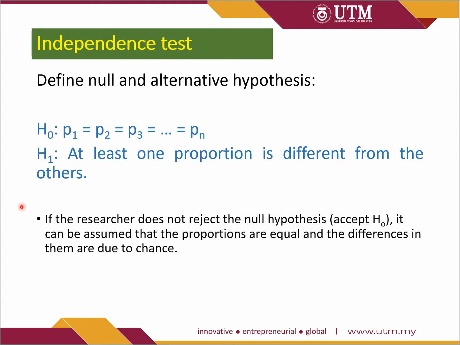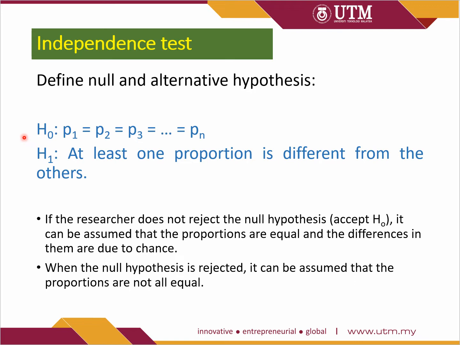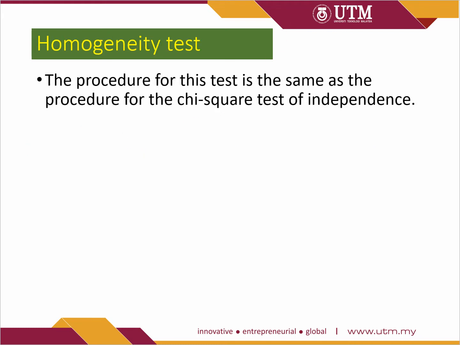If the researcher does not reject the null hypothesis, which means we accept H0, it can be assumed that the proportions are equal and the differences are due to chance. But when the null hypothesis is rejected, we can assume that the proportions are not equal. The procedure for the homogeneity test is the same as the procedure for the chi-square test of independence.